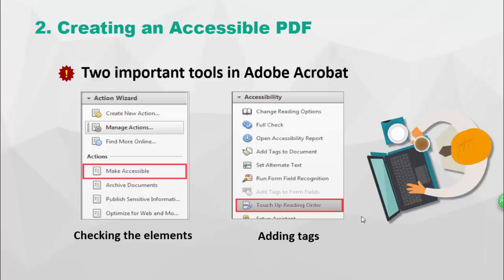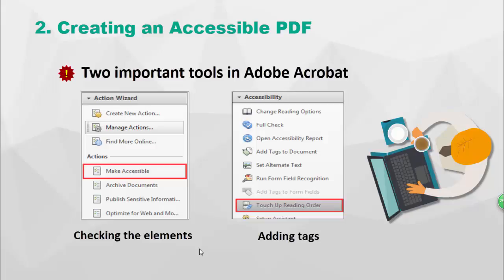Next, we are moving forward to talk about creating an accessible PDF. If you don't have time to watch the online tutorials, I ask you to pay attention to these two important tools. First is Make Accessible. It's under the panel Action Wizard, and using this, you can check the elements step by step.